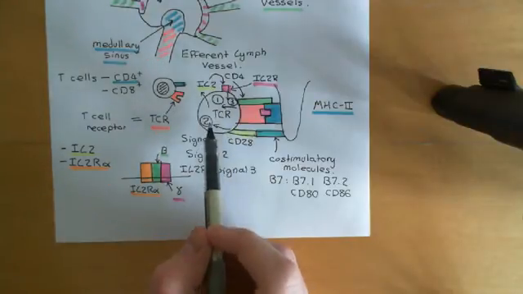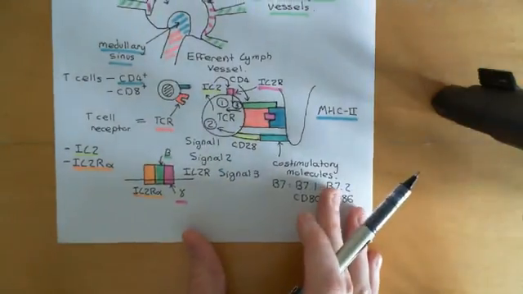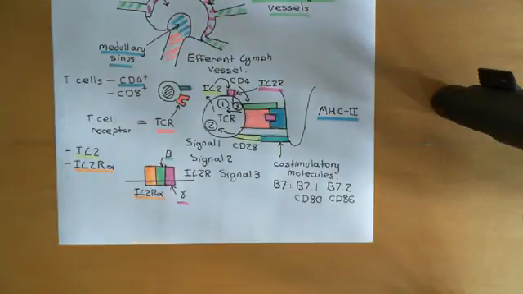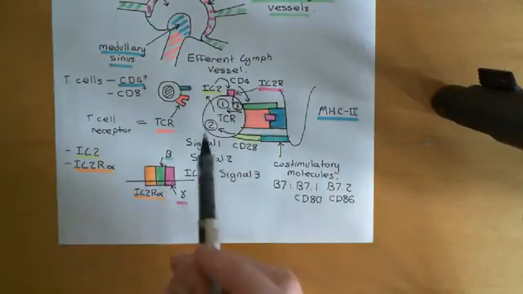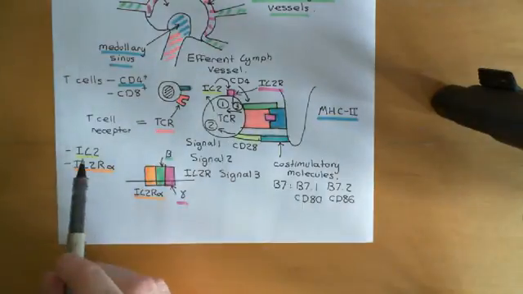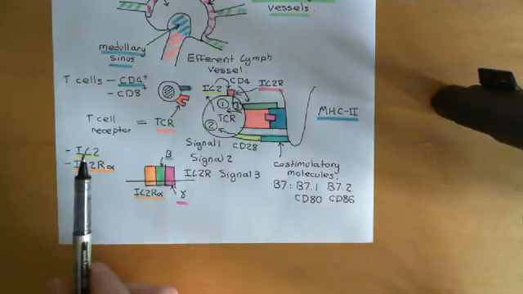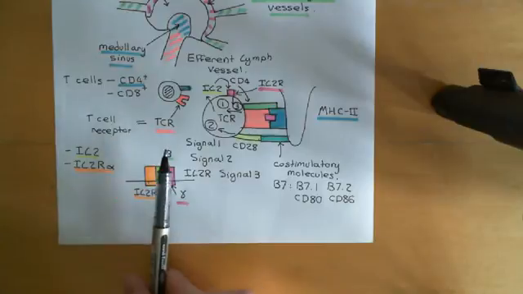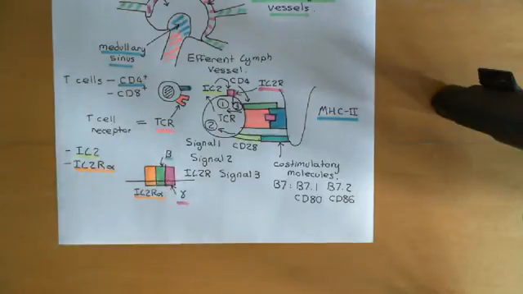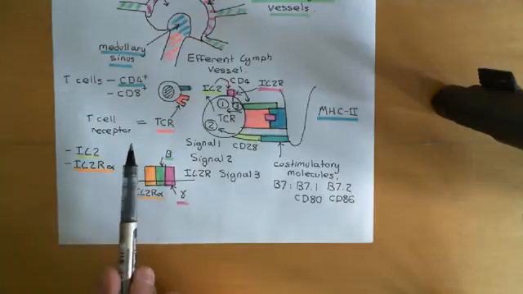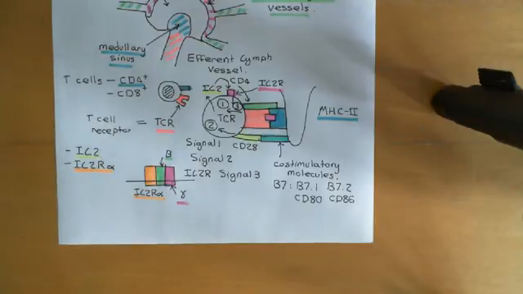Signal 1 and signal 2 together will then cause a change in gene expression within our CD4 positive T cell, and it will result in the production of interleukin 2 molecules and interleukin 2 receptor alpha molecules. Interleukin 2 receptor alpha joins interleukin 2 receptor beta and gamma, which are constitutively expressed by the CD4 positive T cell, to create functional interleukin 2 receptors.